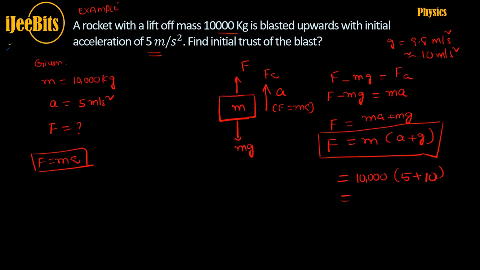Then what would be the answer? This is 10 to the power 4 times 15, isn't it? So your value would be 1.5 times 10 to the power 5 newtons, or 15 times 10 to the power 4 newtons. Clear? This is your answer.